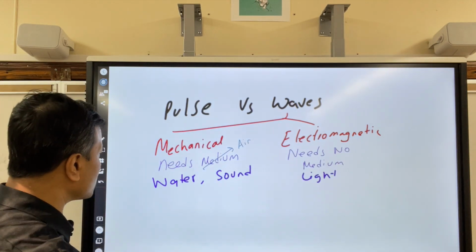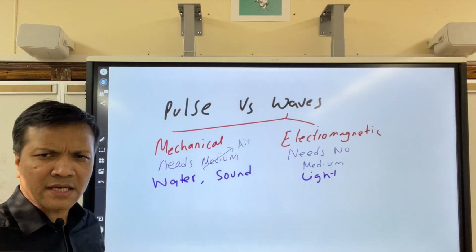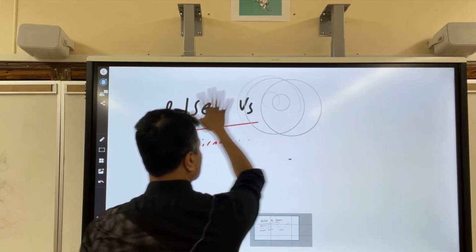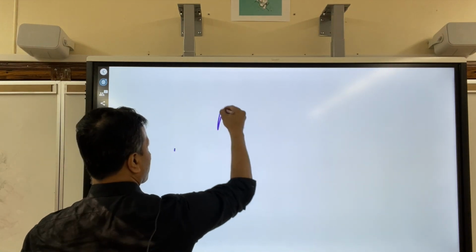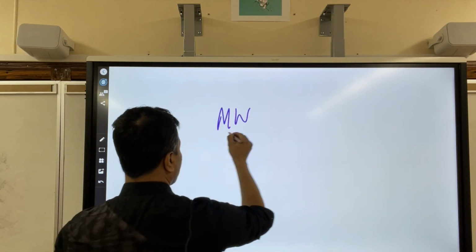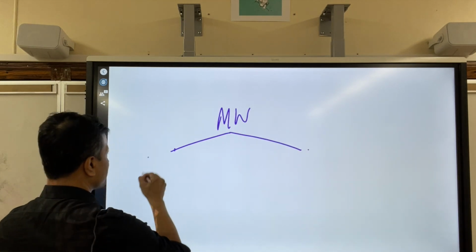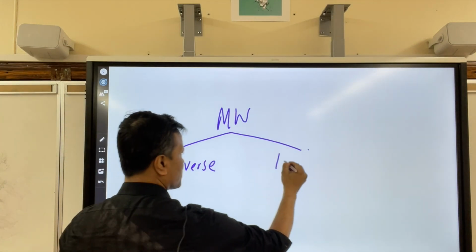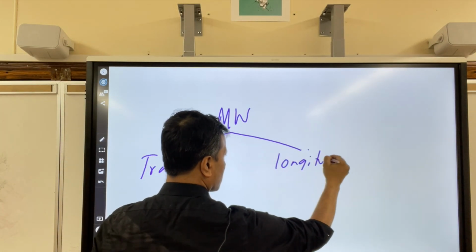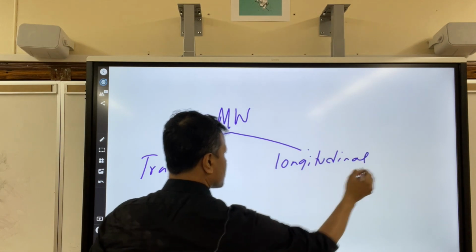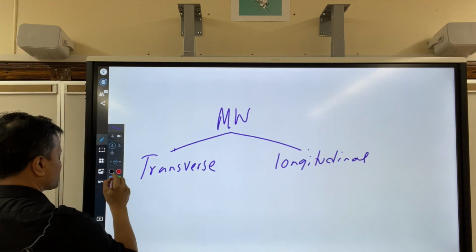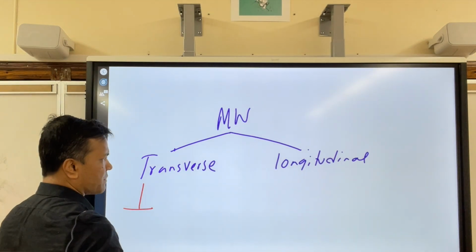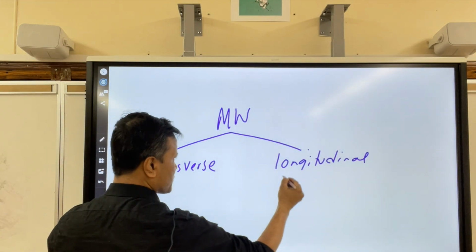Okay, so today we're going to pay attention to mechanical waves. Mechanical waves are of two types: transverse and longitudinal. A transverse wave moves perpendicular with respect to the direction of the wave, and a longitudinal wave moves parallel.